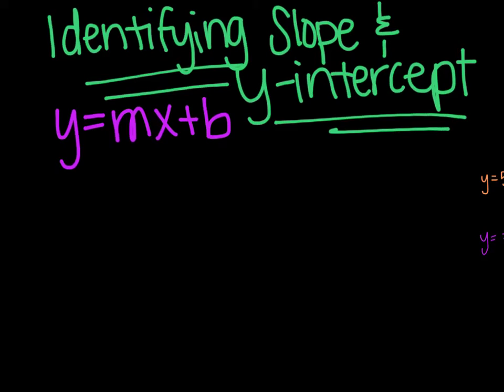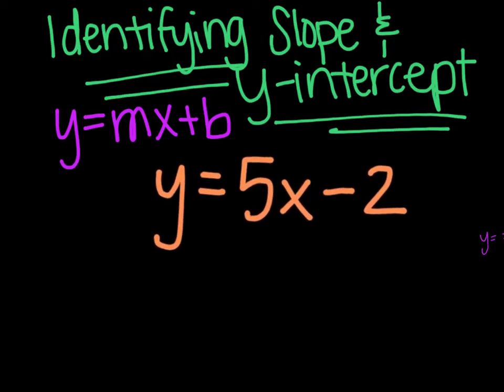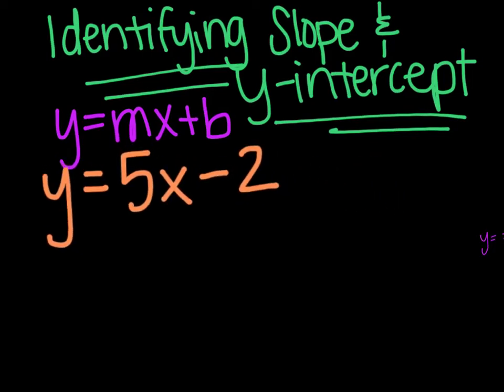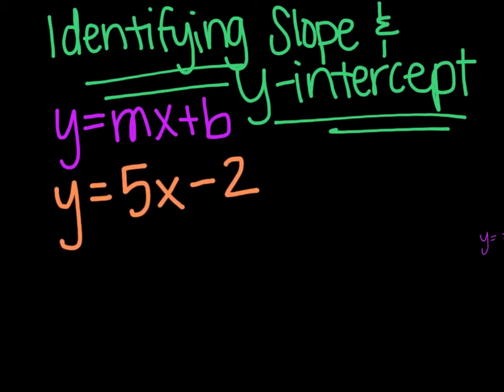The first thing we need to do is identify slope and y-intercept when we have an equation in y equals mx plus b form, or slope-intercept form. Here's our first equation. We're just going to match it, basically lining it up with everything. And so your m is lined up with your 5, which means your slope is 5.